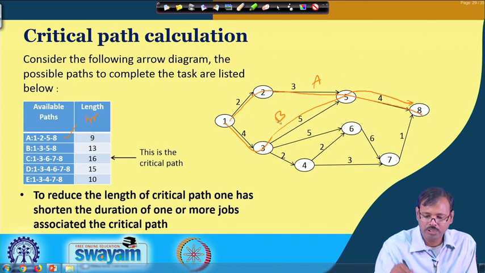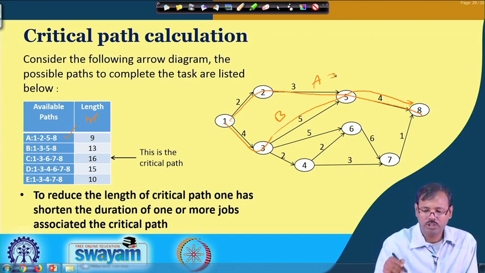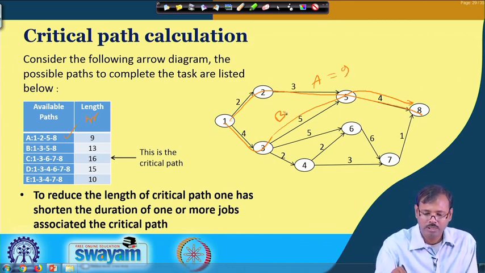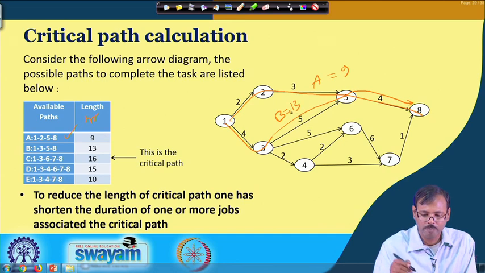So, this is path B, and the time required for completion of path A is 2 plus 3 plus 4, that means 9 hours. Path B time is 4 plus 5 plus 4, that means it is taking 13 hours.